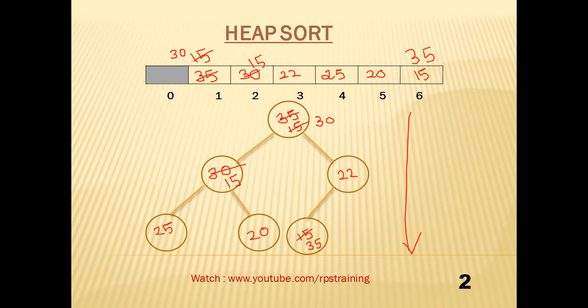Okay, follow here. 15 is the smaller item, the greater child is 25, so again an interchange will be done. It will be 25, it will be 15.